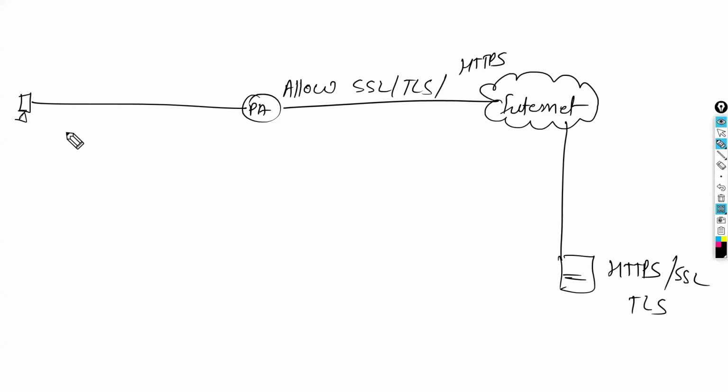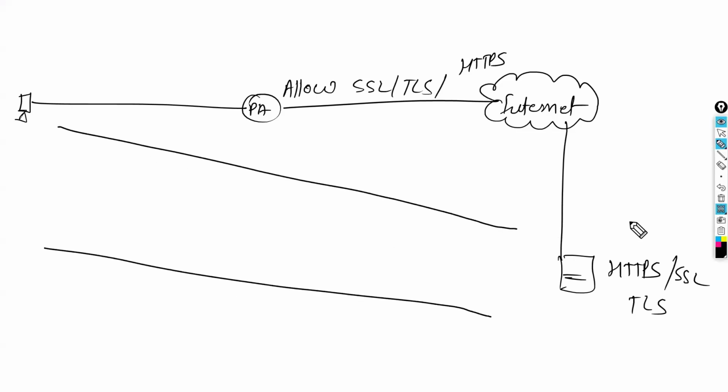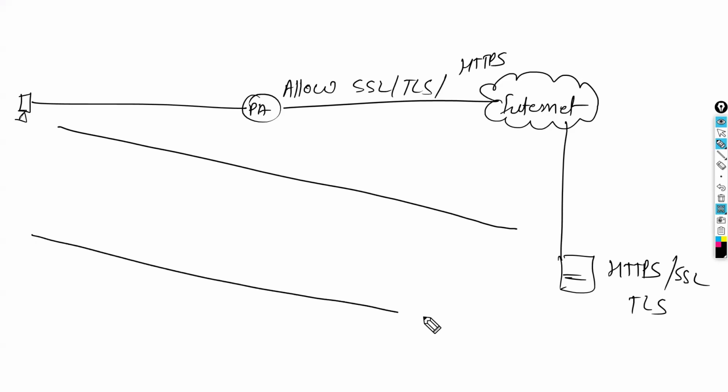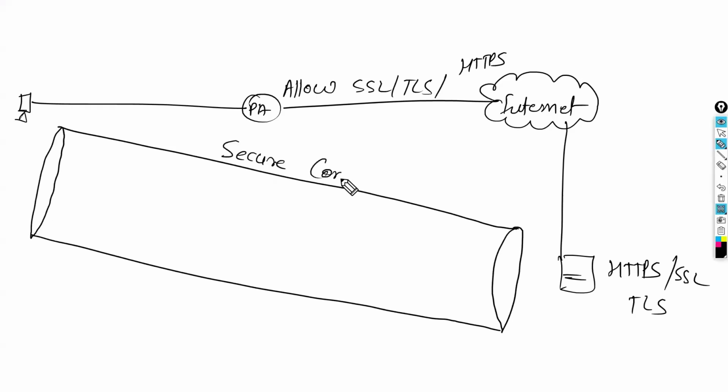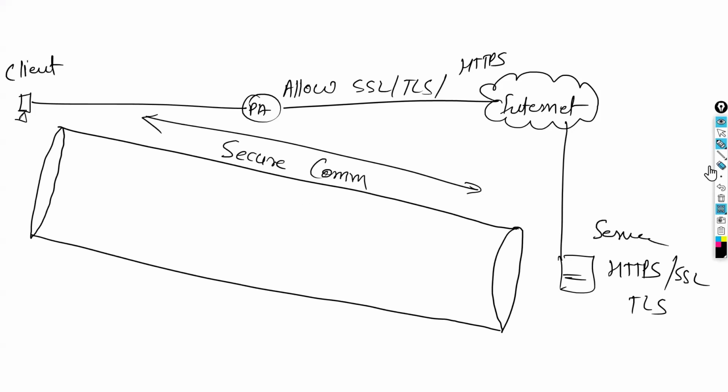When we allow HTTPS, the client will establish an SSL tunnel with the server, and it means there is a secure communication between client and server. Using this tunnel, this client and this server can communicate with each other in a secure way.